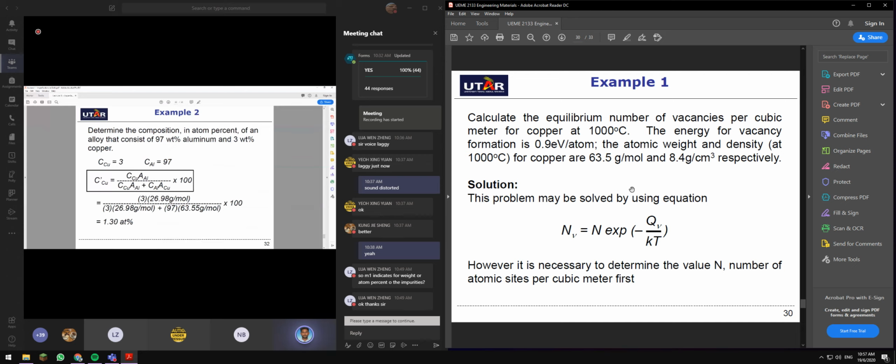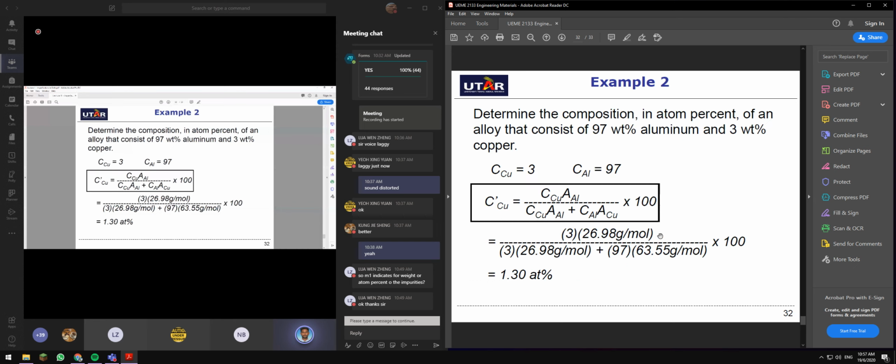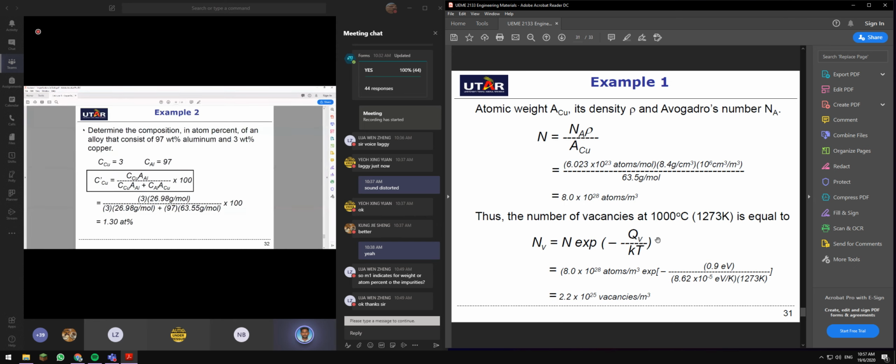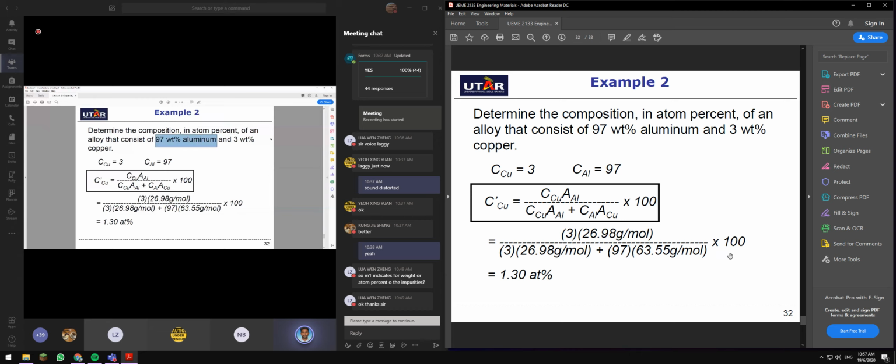All right, next, example 2. I did mention earlier in this lesson that you can convert weight percentage to atomic percentage and vice versa. So this is an example for it. Determine the composition in atom percentage of an alloy that consists of 97 weight percentage aluminium and 3 weight percentage copper.